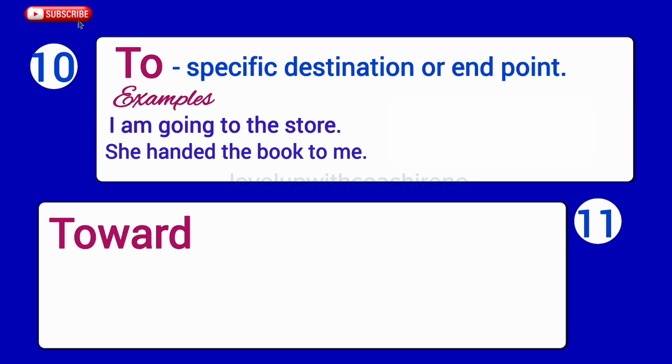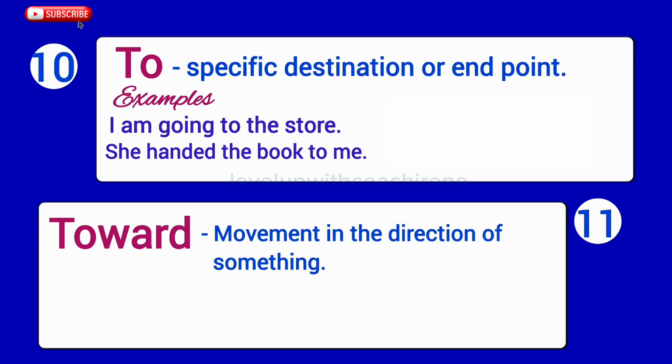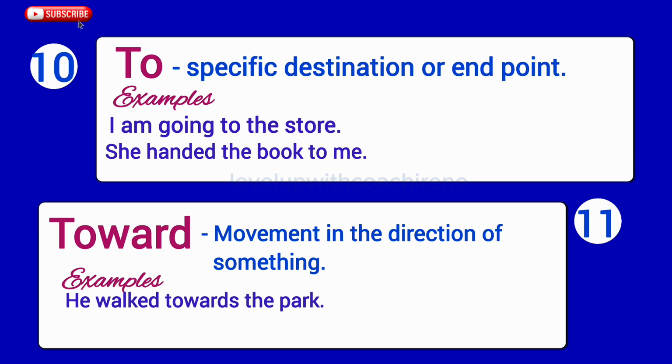This sentence implies that the action of handing has a specific recipient, me, whilst towards indicates movement in the direction of something, but without necessarily reaching the final destination. It emphasizes the direction. Example, he walked towards the park. This sentence implies that he is moving in the direction of the park, but it's unclear if he will reach it.